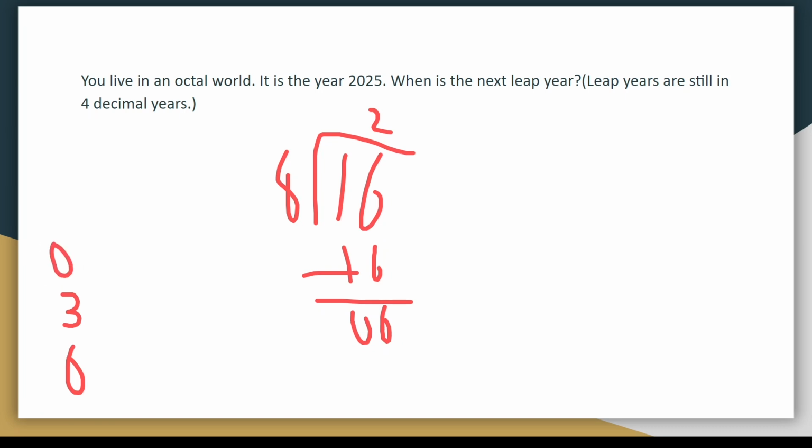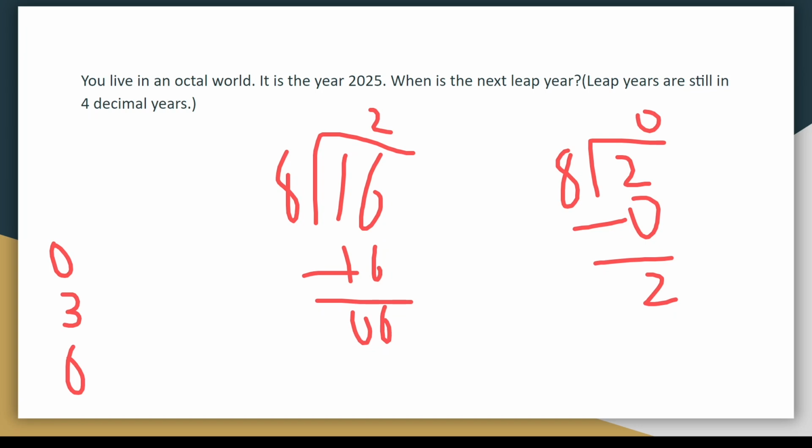So now 2 is not divisible, 8 can't be put into 2 any number of times, so if we did that again, remember we have to get a quotient of 0, and we'd get a remainder of 2 and a quotient of 0, so it's 2030. So the next leap year is in 2030 in your octal world.